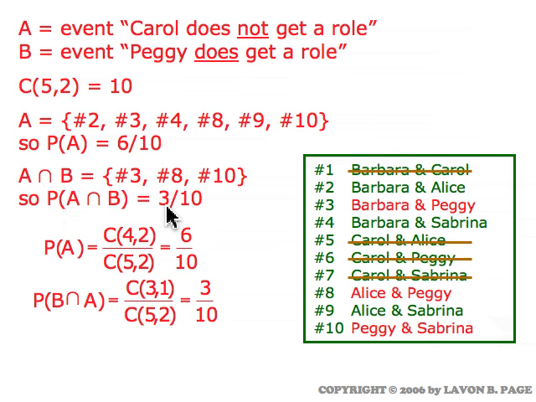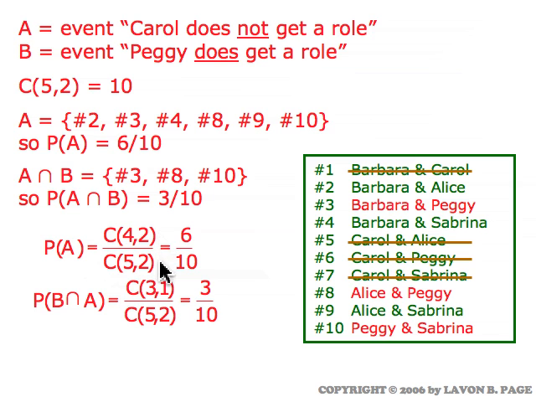An alternate way to think about it is to think about, for P of A, Carol not getting a role, you can think of the total number of possible outcomes, all the ways of choosing 2 of the 5 people. But for Carol to not get a role, it means that the 2 people chosen have to come from the 4 people other than Carol.